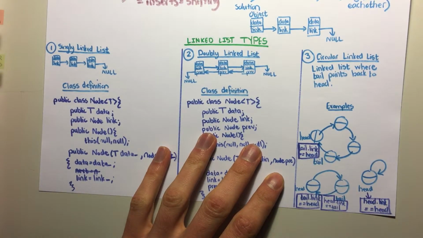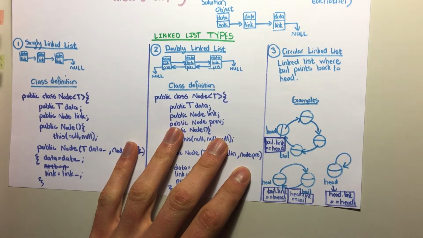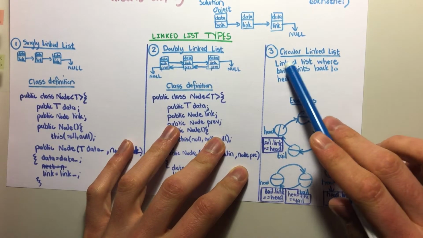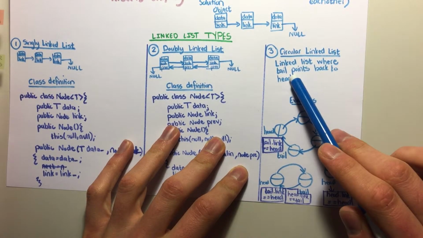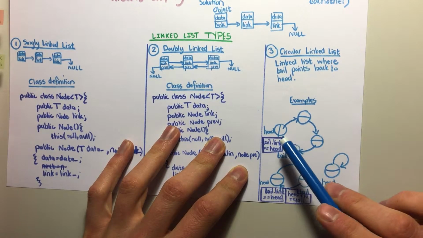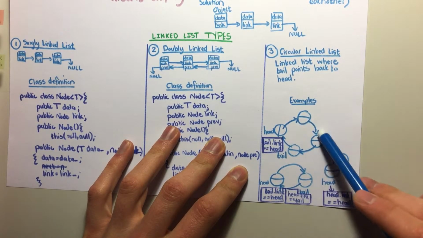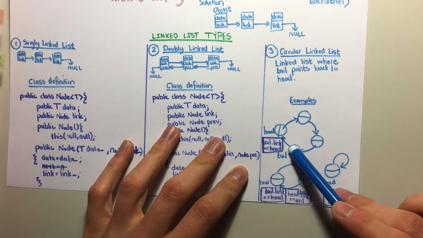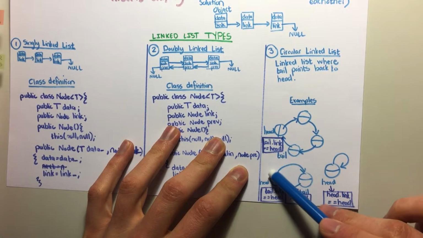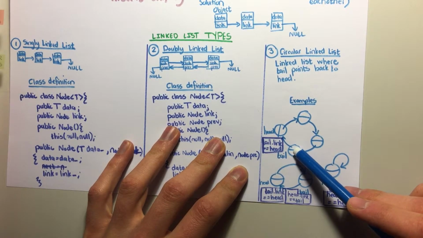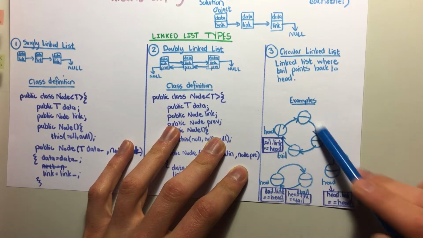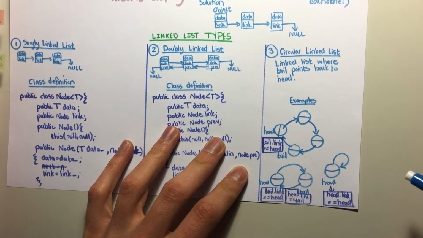Then we look at a circularly linked list. So what is a circularly linked list? Well, it's a linked list where the tail points back to the head. So this means I have a normal linked list, but instead of this tail or the end value being assigned to null, it instead points back to the head of the list, which makes it circular in nature.